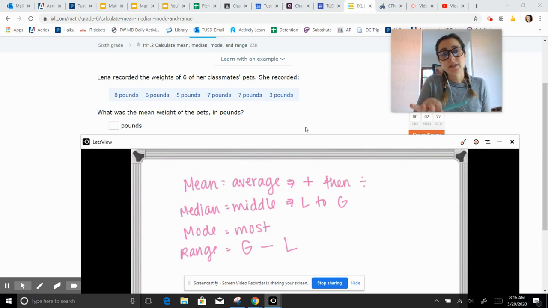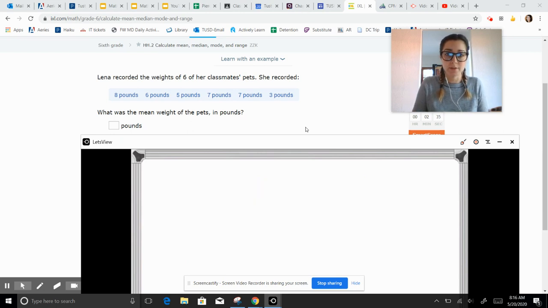So for this first example, even though it only asks for the mean, we're going to find the mean, median, mode, and range for this example so that you can see them in action, okay? So I'm gonna go ahead and erase all of that. All right, so our data set, we have 8 pounds, 6 pounds, 5 pounds, 7, 7, and 3 pounds, okay?